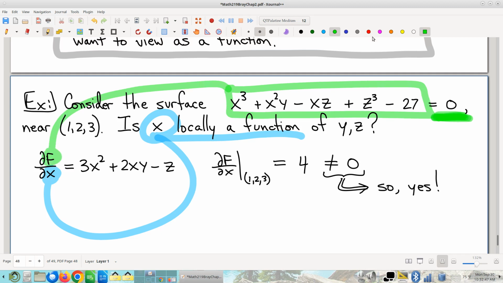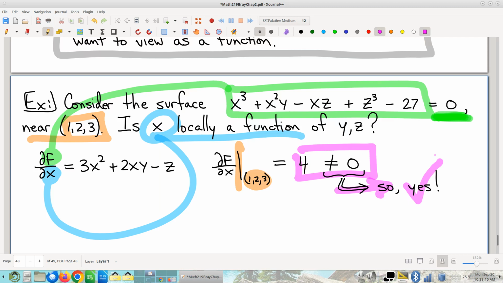We're interested in what's happening locally near the point 1, 2, 3. So I'm going to plug in the point 1, 2, 3. Not zero, no problem. Everybody okay? It's very plug and chug right into the theorem.